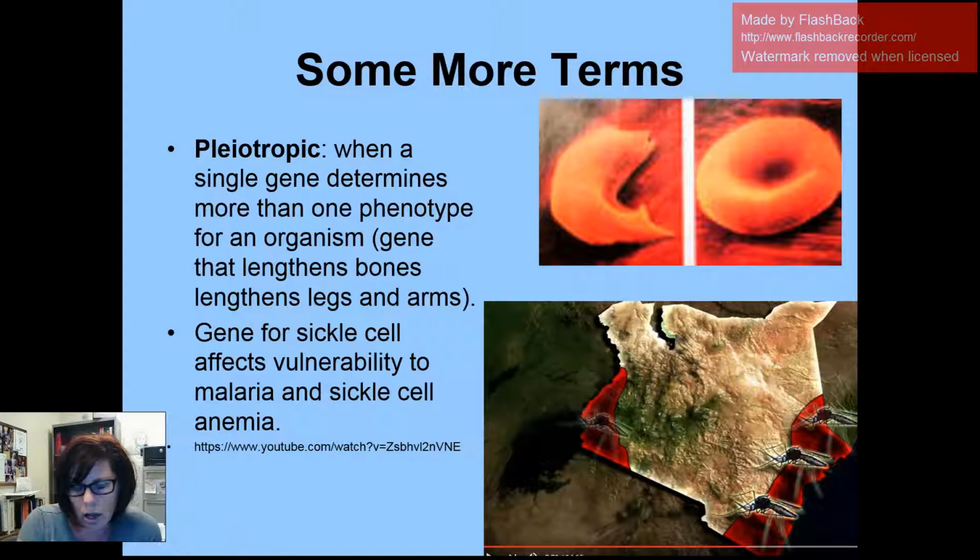So what a researcher noticed when they were studying sickle cell anemia and they were mapping out the distribution of sickle cell anemia, they noticed a peculiar pattern, that the areas that were highly infected with mosquitoes, okay, and which carry malaria, that's how you get malaria, you have to be bitten by a mosquito carrying the parasite, that in those regions the number of individuals with sickle cell anemia and carriers of the gene were much higher in proportion than in the areas where there weren't a lot of mosquitoes and not a lot of malaria.